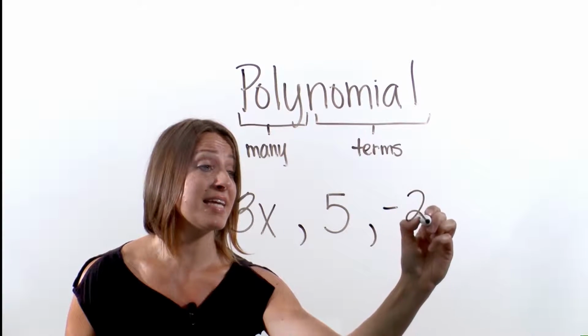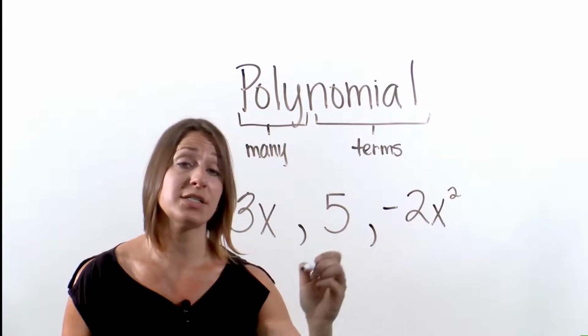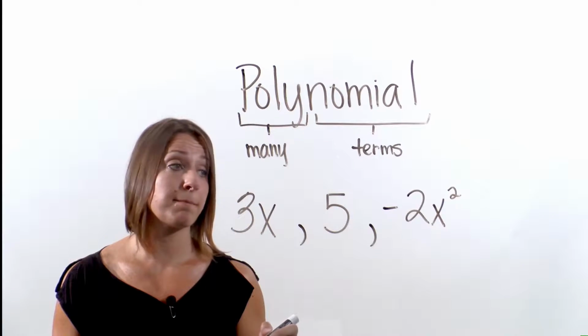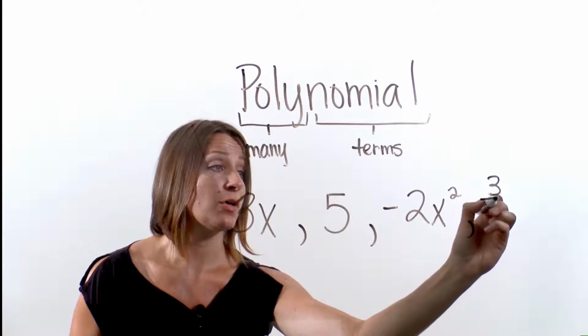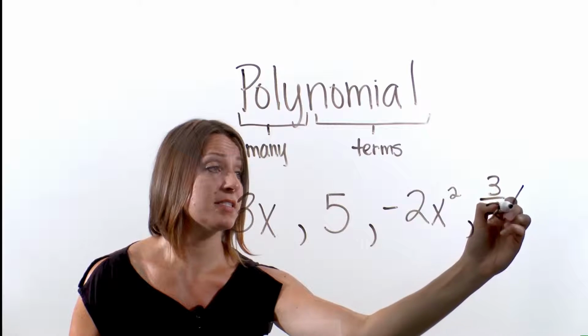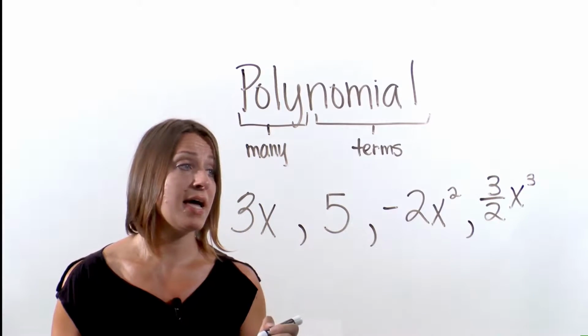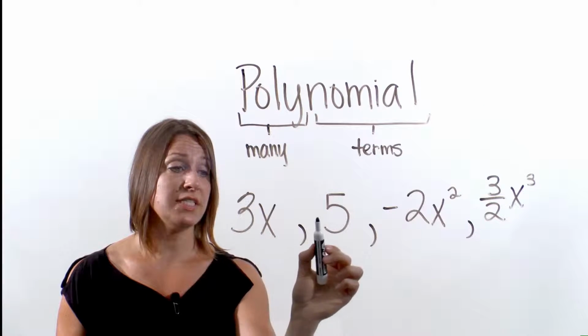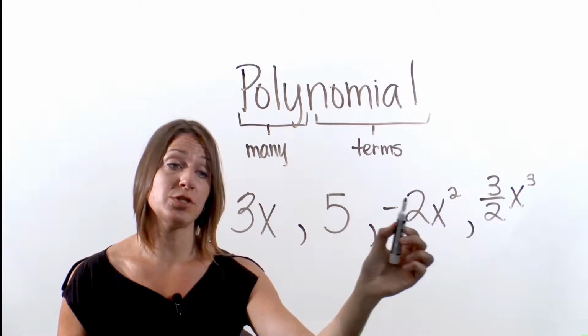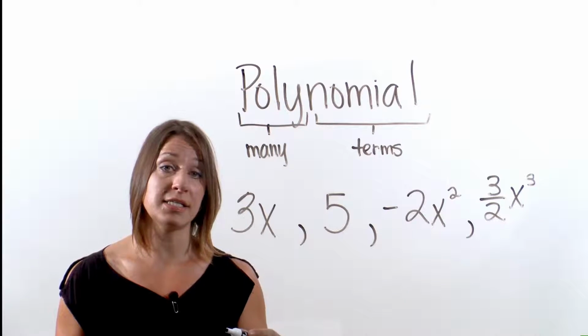Or we may have a negative 2x squared. And we even could have a fraction, 3/2 x cubed. So each of these individually are called terms. So we have 4 terms in this list.